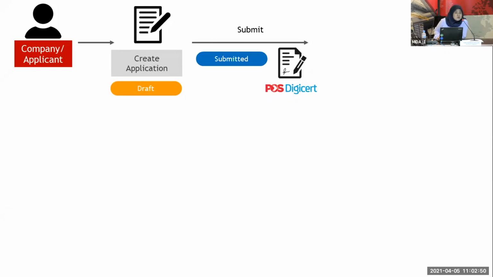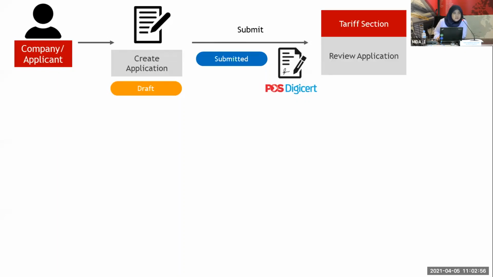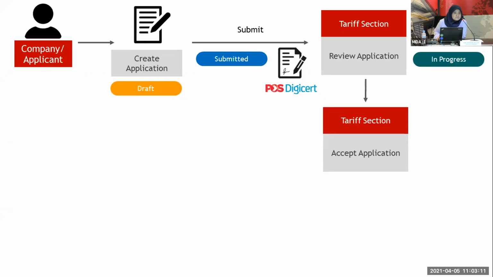Okay, next. If you have successfully submitted your application, the status will be submitted, and your application will go to the Tariff section. Tariff section will review your application. Once it is in review, you will notice your application status has changed to in progress.